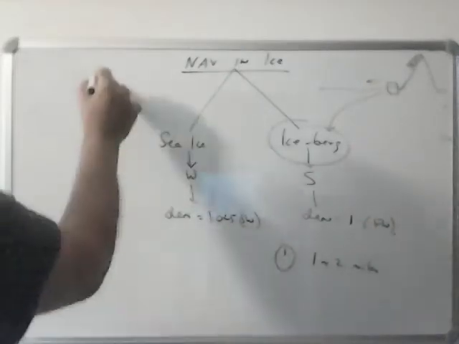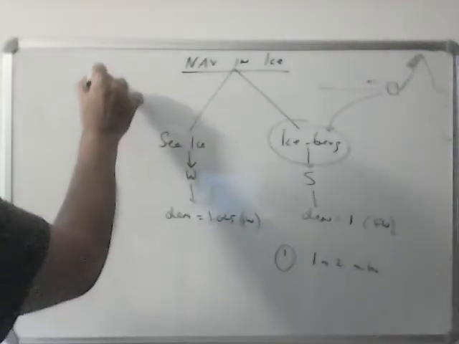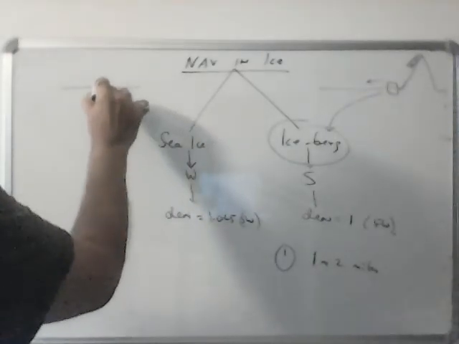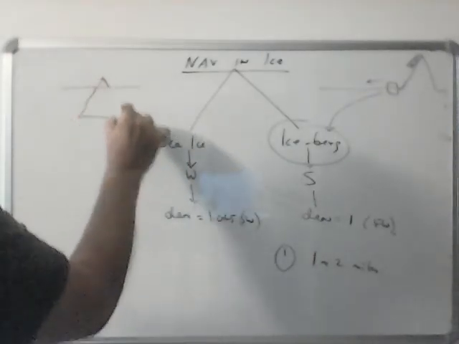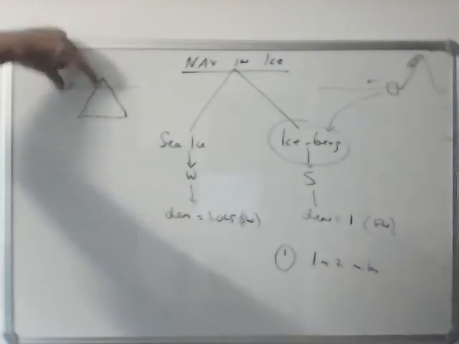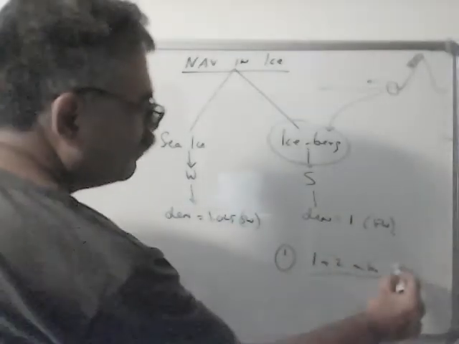So 90% of the iceberg is below the sea. If this is the sea and you have an iceberg like this, under the sea it is 90%. So this width under the sea could be half a mile. So that's why you have to keep 1 to 2 miles away all the time.